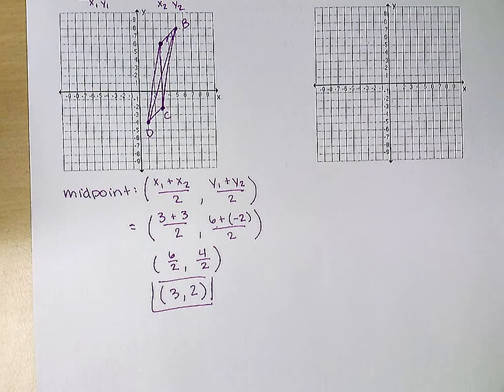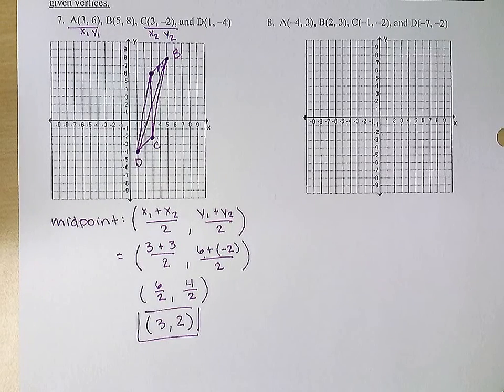So I do want you to do that second one there. If you haven't found the midpoint for number 8, I want you to find that midpoint. Where will those 2 diagonals intersect in the graph that you drew? I will do that tonight. Okay, no, you're going to do it right now. Right now.